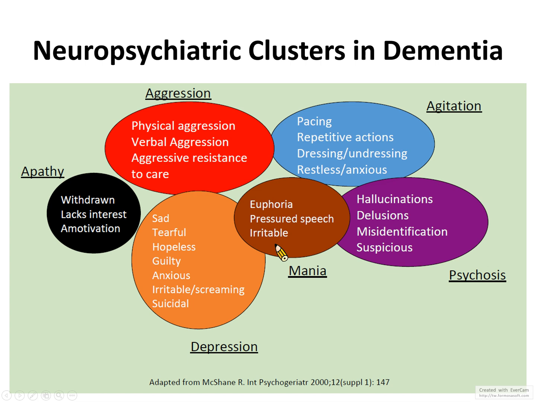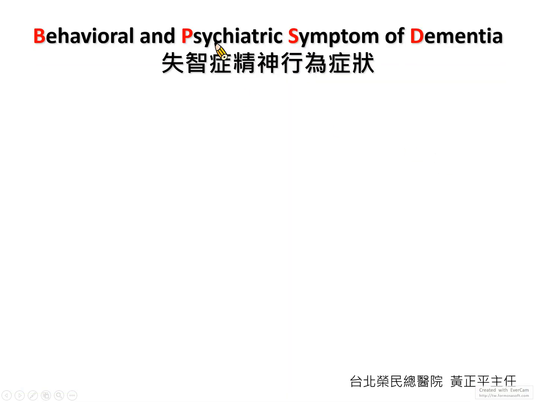And as I said, because dementia affects the whole brain, there are lots of symptom clusters. We call these neuropsychiatric clusters of symptoms in dementia, which include apathy, aggression, depression, even mania in a rare case, or psychosis or agitation.